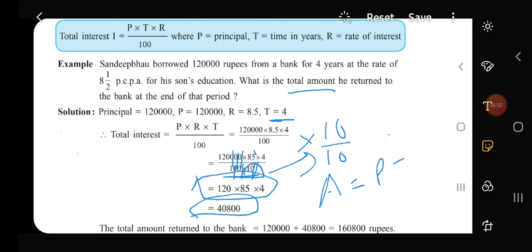So in this way, interest and amount both we can calculate with the help of the formula.